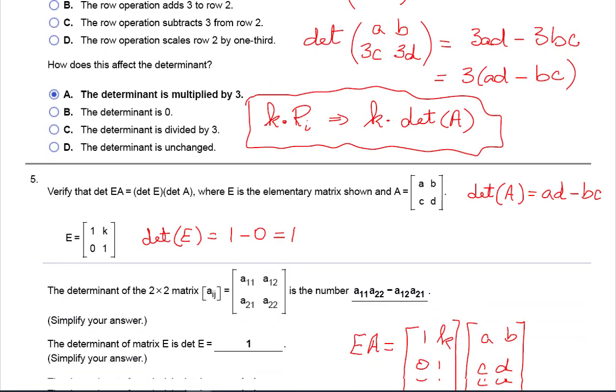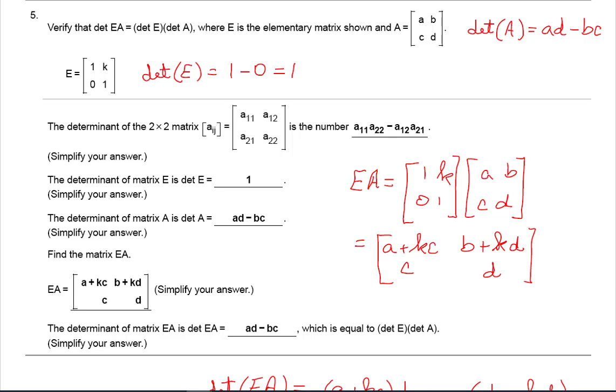Alright, in question 5, we have two matrices, matrix A and E. The determinant of A is AD minus BC. The determinant of E is 1 minus 0, which is 1. Alright, and so they're stepping you through this particular scenario, that the determinant of the product is equal to the product of the determinants.